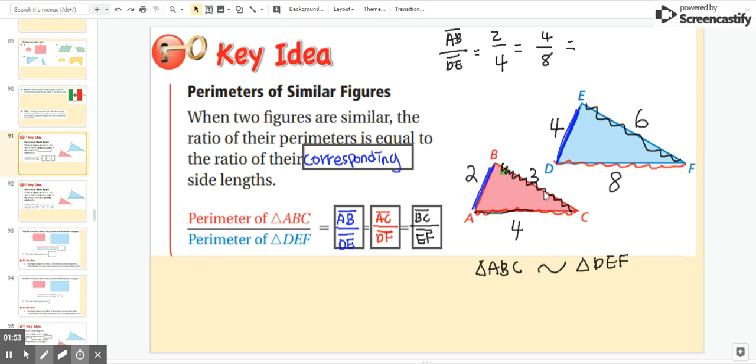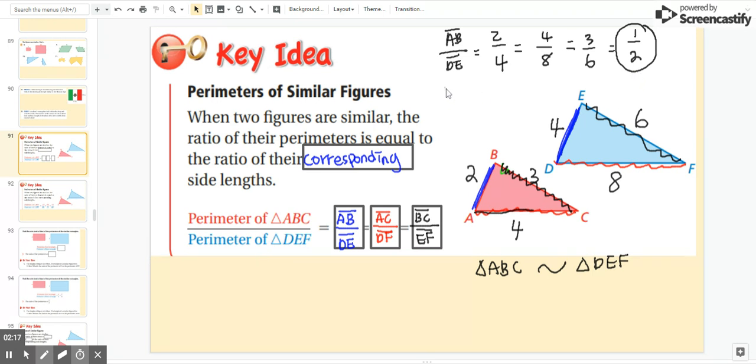And this black line, 3 to 6. All of them, the ratio is 1 to 2. If they're all proportional, then you can say the two triangles are similar. So the definition says that the perimeter of ABC to the perimeter of DEF is also 1 to 2.